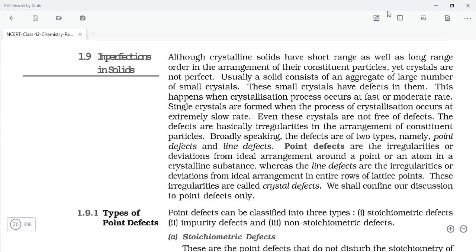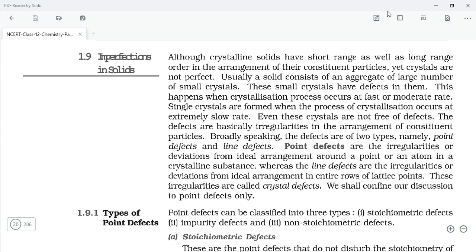It won't be the real case in real life. So there might be some defects in the solid structures, and there might be more types, but according to our studies, we have only two types of defects: point defects and line defects.